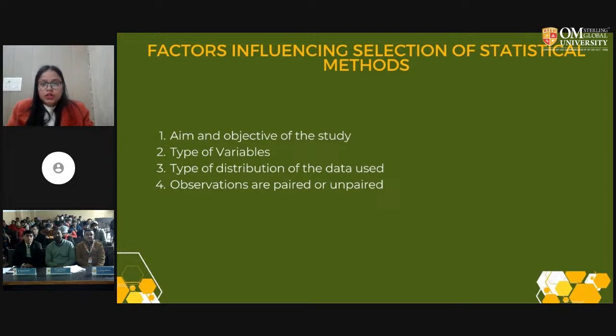That is going to decide what kind of statistical tool or method you are going to use in your research. Next could be the observations, the respondents, the people you are studying: whether those observations are related to each other, whether the variables are paired or unpaired. That is also going to affect your selection of statistical method.